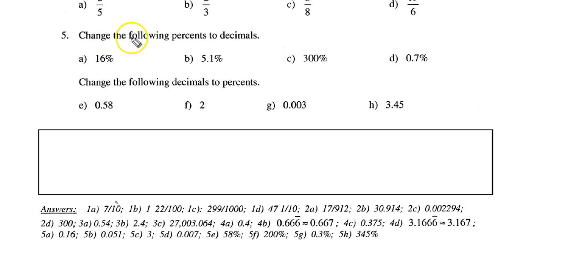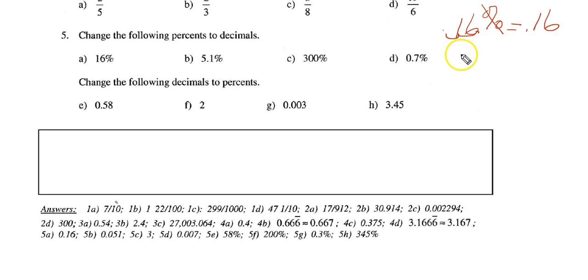Now here it's to change the following percent to decimals. Now the rule is like 16%. The percent sign stands for, in a sense, 2 decimal places. So the decimal is here. If I take away the percent sign, I have to move the decimal over. So this becomes 0.16.